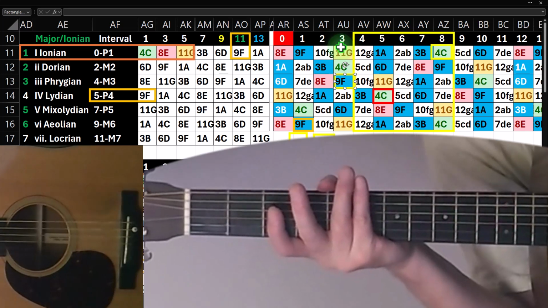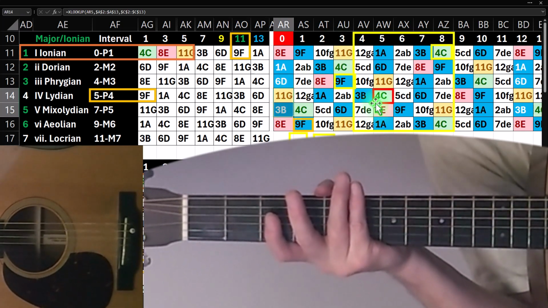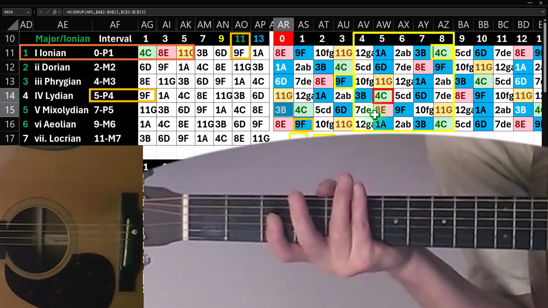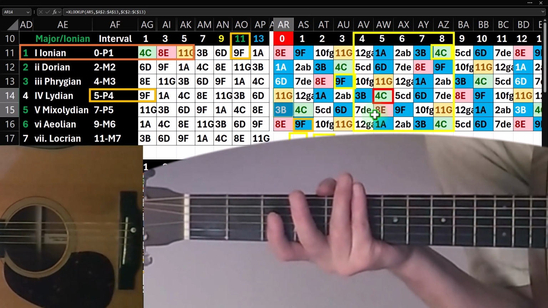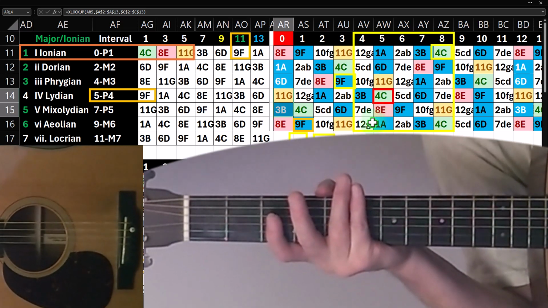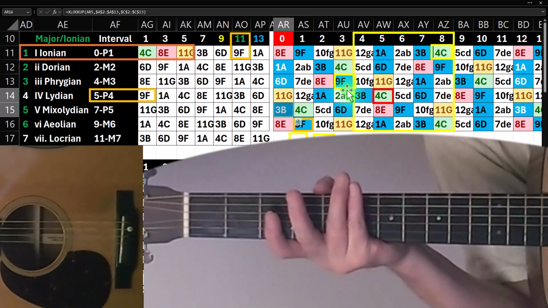But if I cross the fault line, which would happen on the G or the B string, while I go down 2 strings and cross the fault line, then the 5 note away perfect fourth, which could also be called the 5 note away perfect 11th, will only be 1, 2, 3, 4 frets back. All right, that's the general rule.